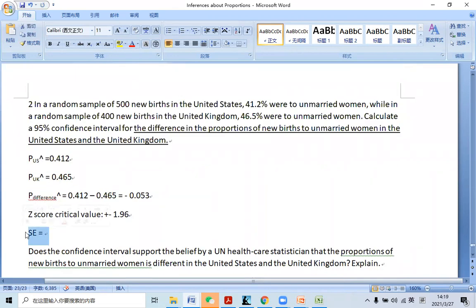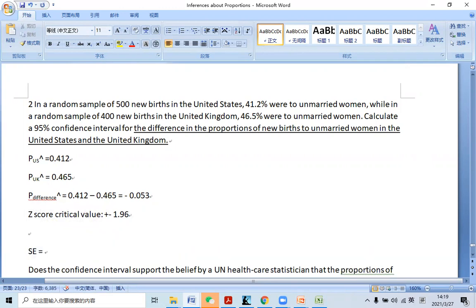Here, we need the proportion of the combined sample. First, you combine the samples. For the US, you have 500. For the UK, you have 400.